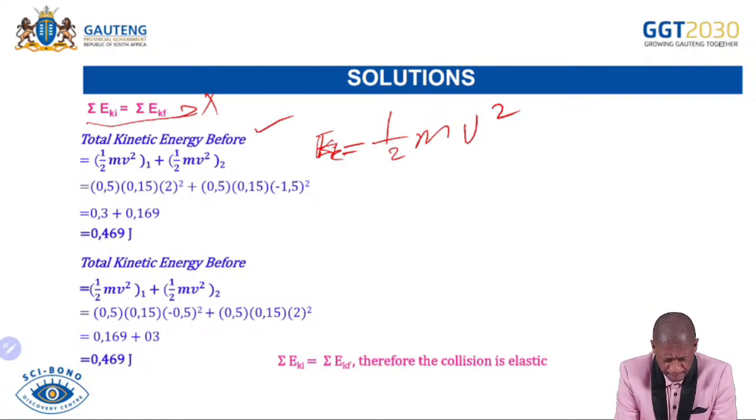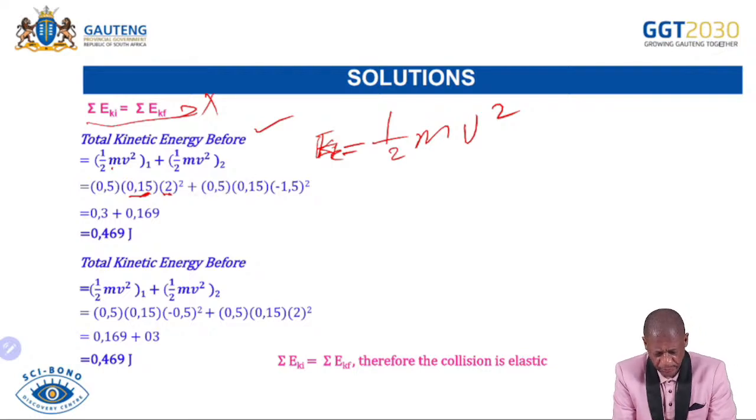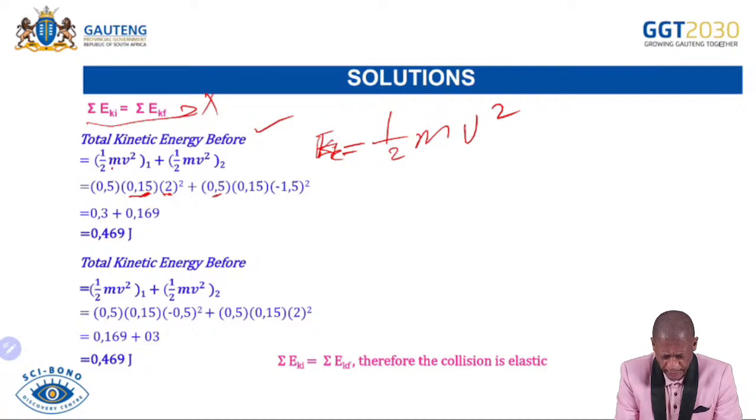We know that half is 0.5 multiplied by the mass that we have. Then we're given this one before. Then plus the other object, it was this before, and the mass stays the same. Then the velocity is this one, so this is the half, this is the mass, and then this is the velocity.